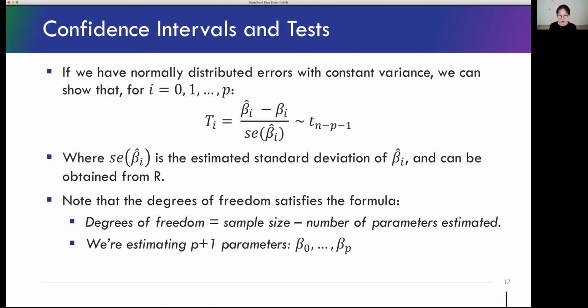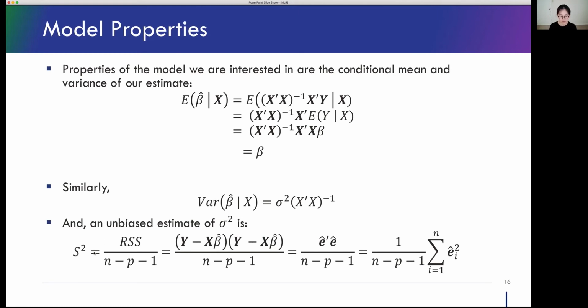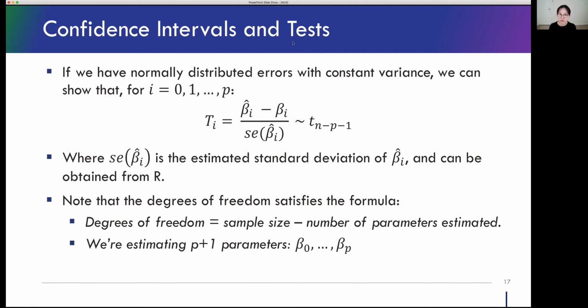As you recall, if we want to do inference, we have to get the distribution of your errors, basically the distribution of your estimates, so that we can do the test and confidence intervals. So now we have normally distributed error with constant variance. This is how we find the expectation of beta hat and the variance of beta hat, to prepare for the test and confidence intervals here.